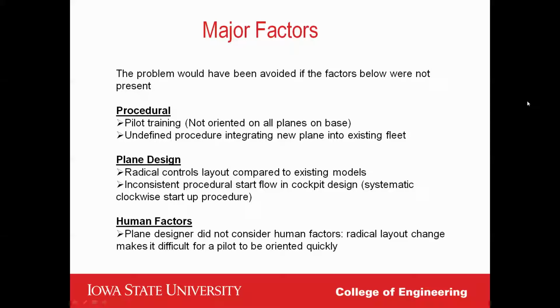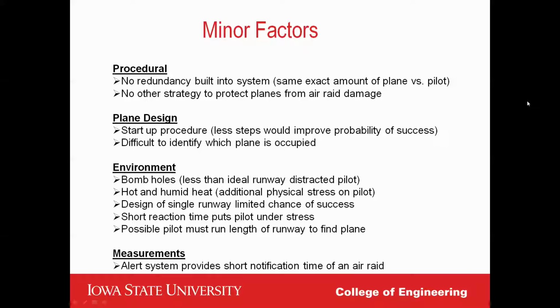On the next slide, I'll be presenting the minor factors. These are factors that play key roles as well, but add into the key problem that I stated. On the minor factors, there are four different distinct categories. First will be the procedural, where there isn't any redundancy built into the system. What I'm trying to say is there's only the exact same number of planes as pilots.